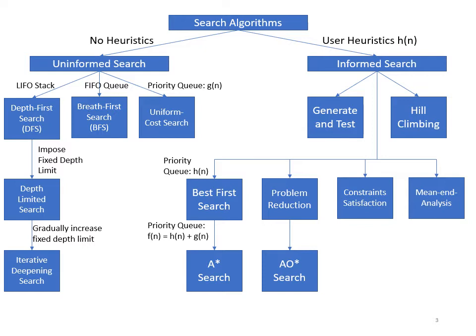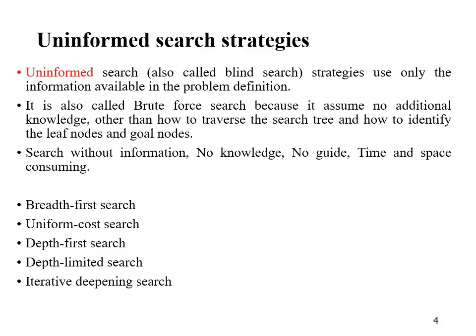And informed searches include generate and test, hill climbing, and several other variations: best first search, problem reduction, constraint satisfaction, and means-ends analysis. Under best first search, we will understand the A star algorithm, or A star search, in the next class. And in problem reduction, we will understand the AO star search, or AO star algorithm.